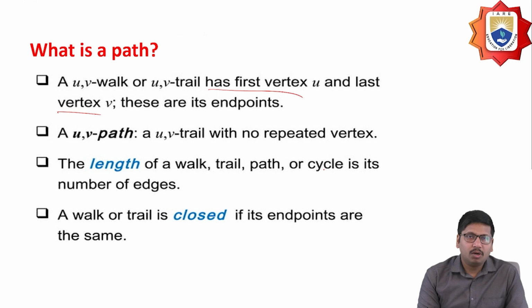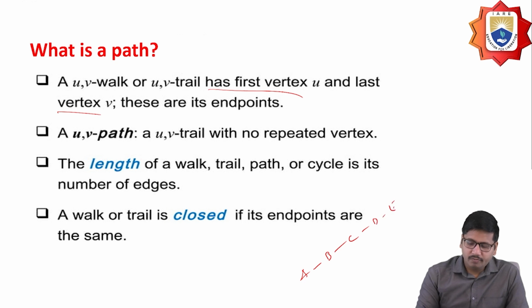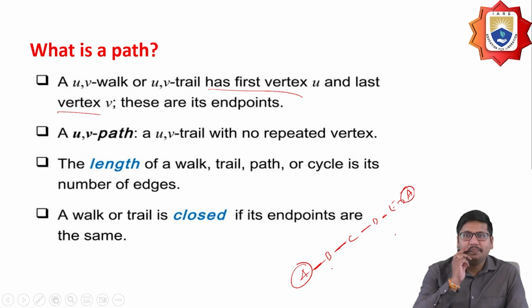And the walk or trail is closed if the endpoints are the same. So the path is nothing but a sequence of adjacent vertices, the length of the path is the number of edges in between them, and the walk is said to be closed whenever the source and destination are the same.